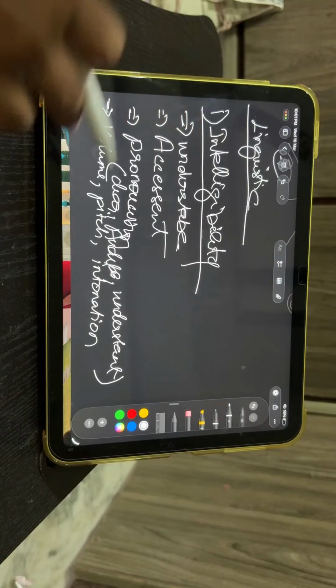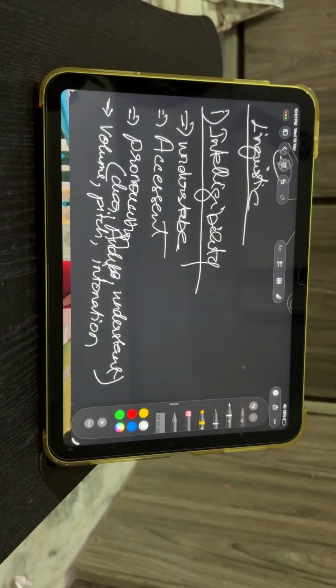Then intonation. What do you mean by intonation? In some important points, if you are a nurse, I am mainly taking OET for nurses, and you are giving a recommendation to the patient, how will you tell it? Mr. John, I am suggesting you take this tablet, pantoprazole, every day at 6 a.m., on an empty stomach, 1 hour before your breakfast.